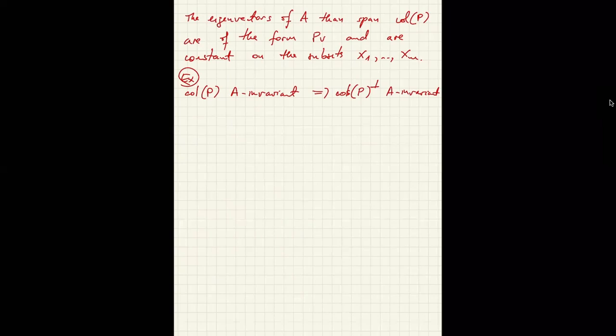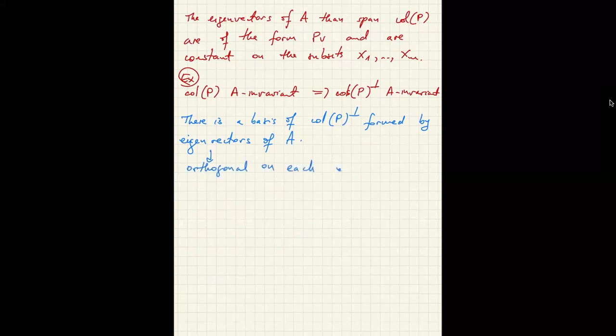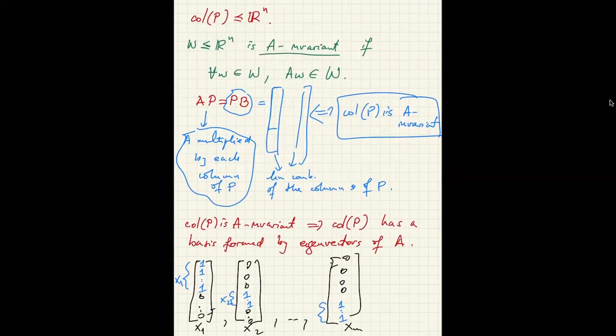By the same argument that we had earlier, there is an orthogonal basis formed by eigenvectors of A. So these eigenvectors of A have to be perpendicular to each column of P, and therefore, let's say for the first column, the column corresponding to x1, if you're orthogonal to it, it means that when you do the dot product, the sum of the entries on x1 is 0.